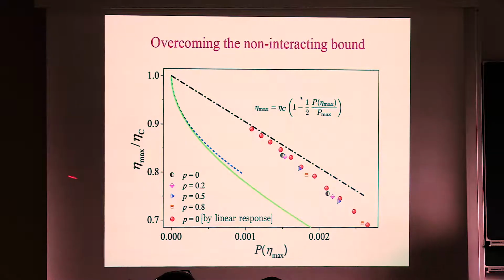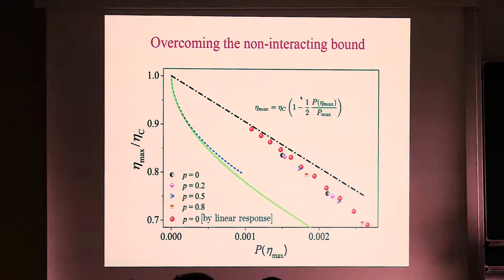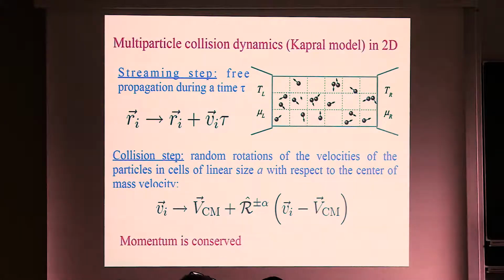Here we just put some probability to interact or not interact. So basically, you need larger system sizes, since sometimes particles cannot interact. Then of course one could say that because the model is one-dimensional, there is some dimensional issue, but actually this is not the case, because we checked, for instance, this other model. This is two-dimensional, the Kapral model. It is a clever model to simulate interacting particles in 2 or 3 dimensions.